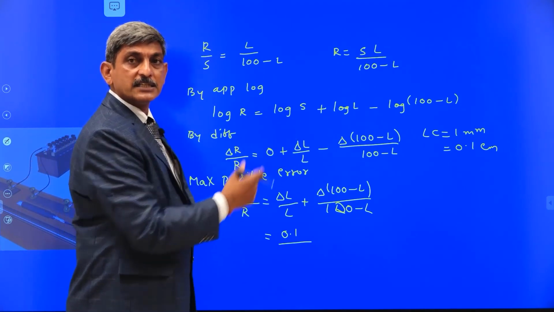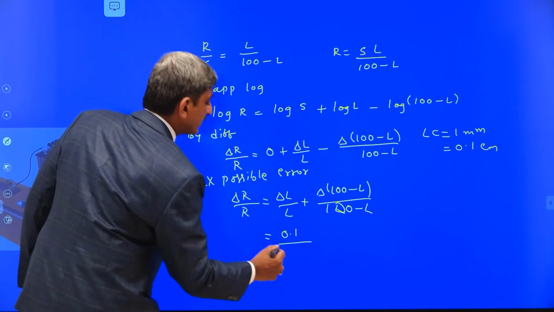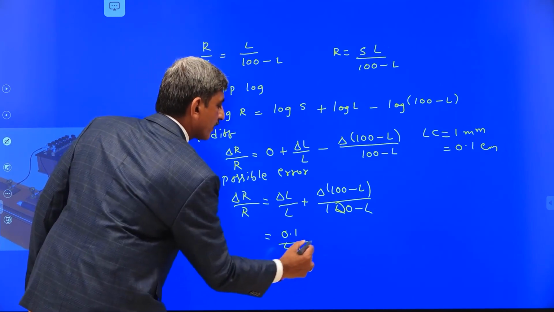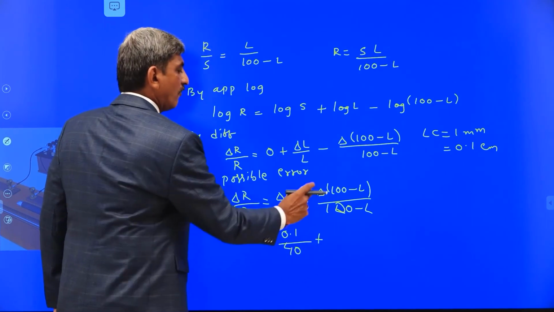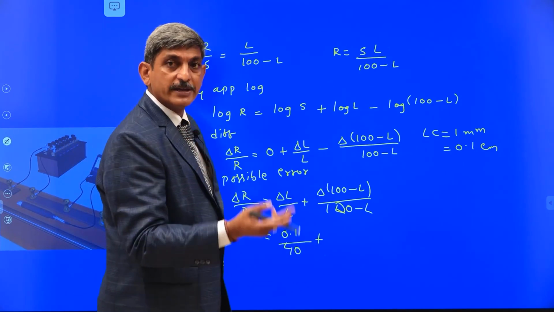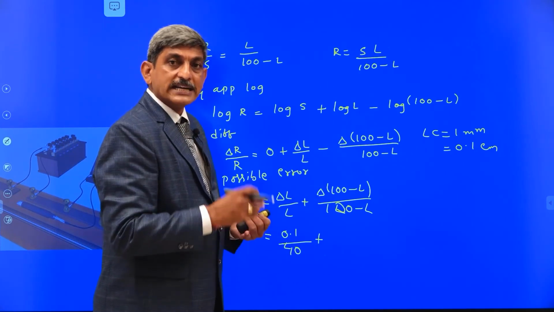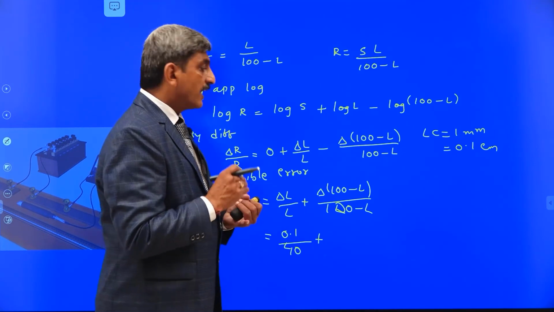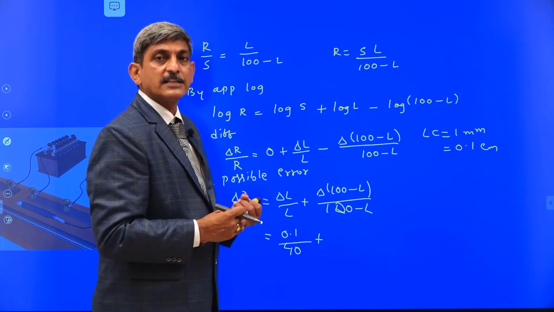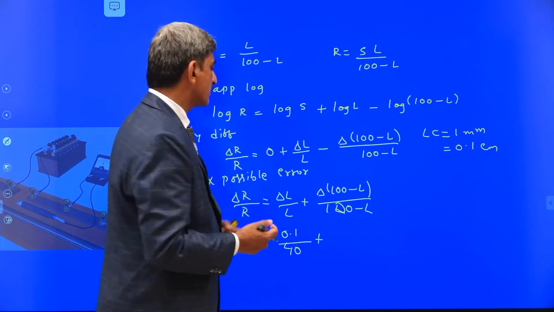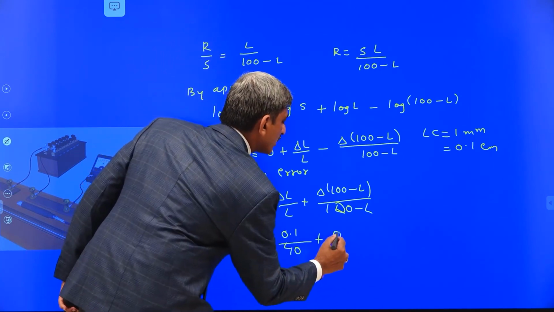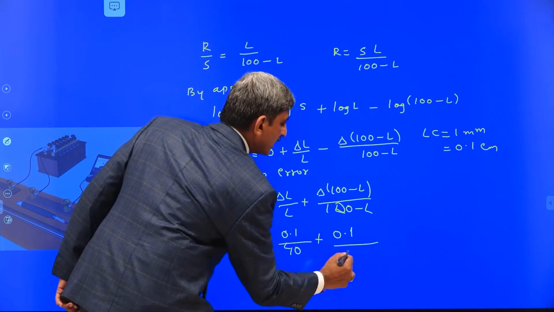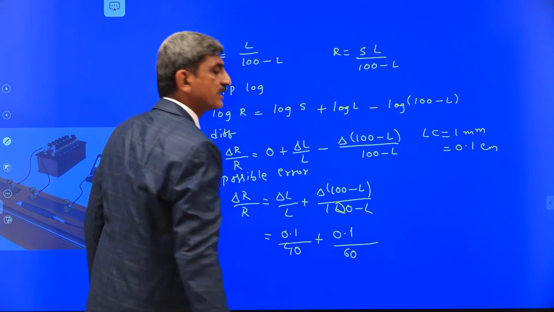The balance length is given as 40 centimeters, so 0.1 divided by 40, plus the error in the measurement of 100 minus L. The error in the measurement of L is the same, so this is also equal to the least count of the scale divided by 100 minus L, which is 60.